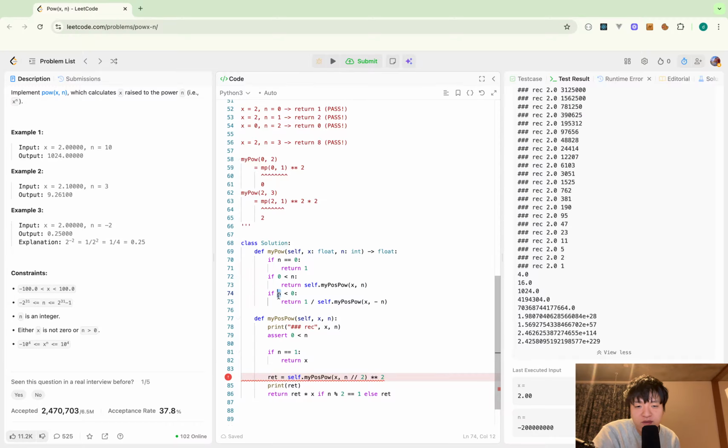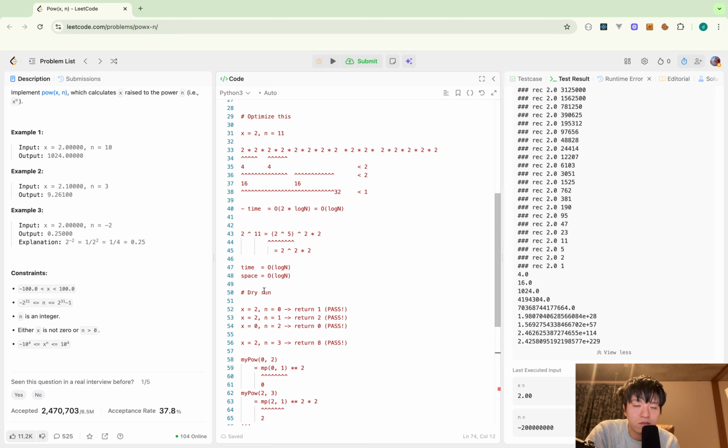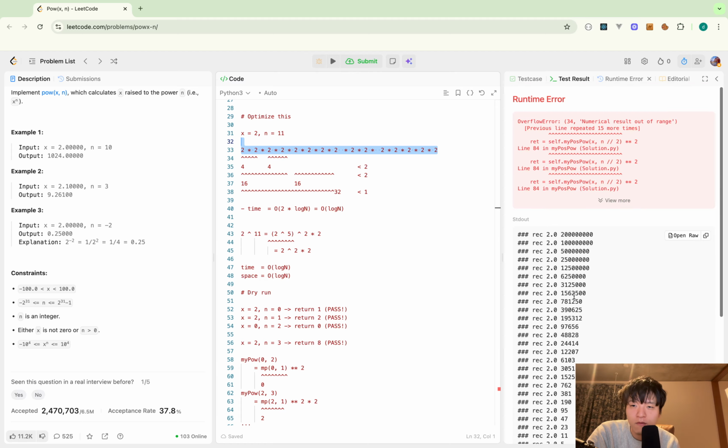Any smaller than 0, I return this, yes. What's the problem here?